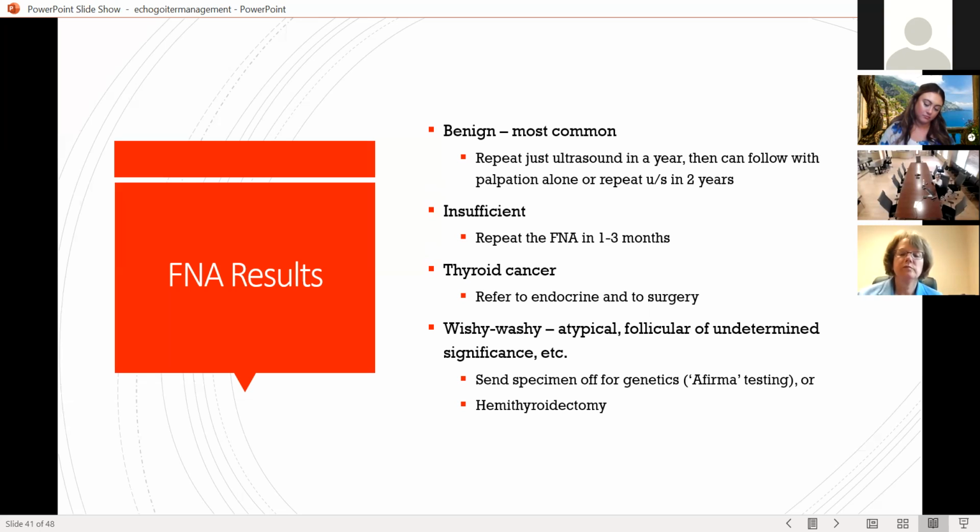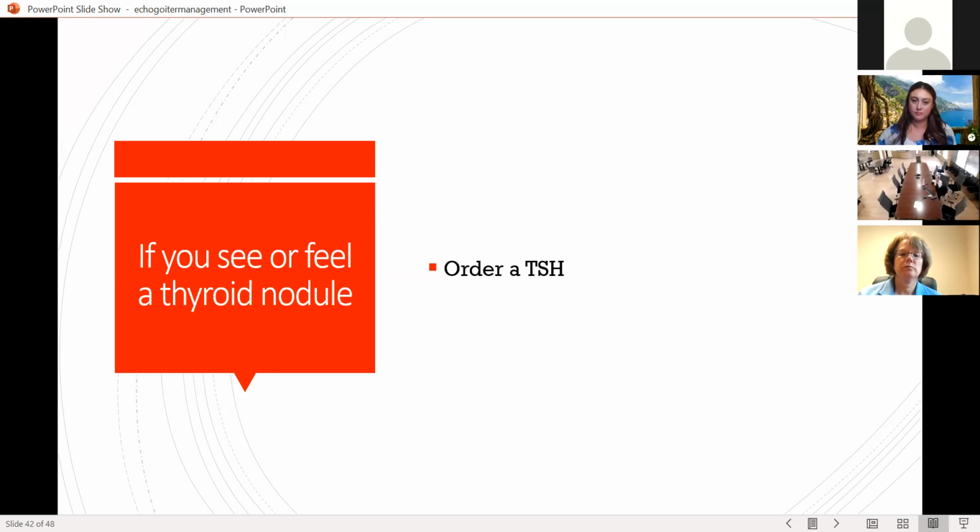So best to go for a hemithyroidectomy, and we can find out most definitively that way. If it is cancer, depending on the size, et cetera, you may need the other half of your thyroid removed thereafter. Next slide.